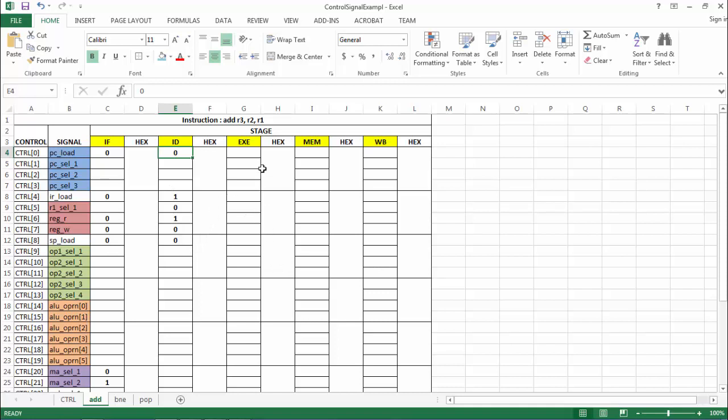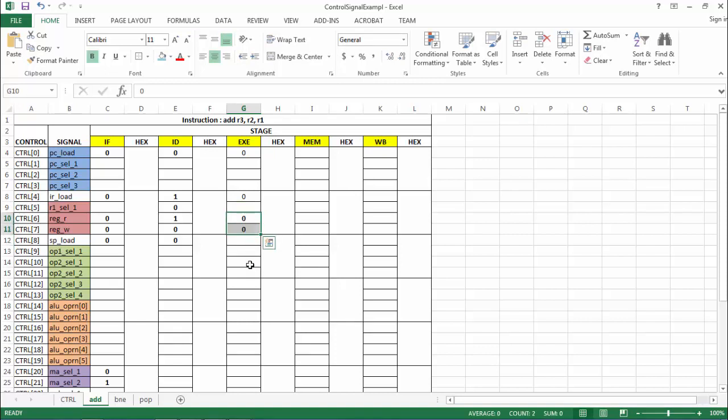So for the next instruction we must keep this as 0, we don't want to override. We also don't want to override the current instruction in the instruction register. At this point this one doesn't matter, we just want to keep the register on hold.